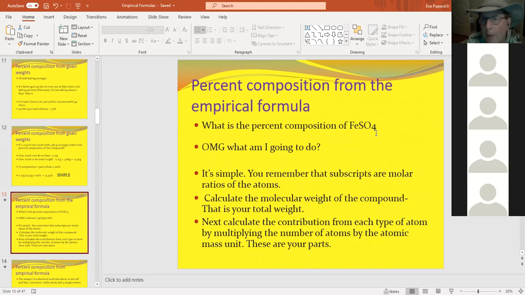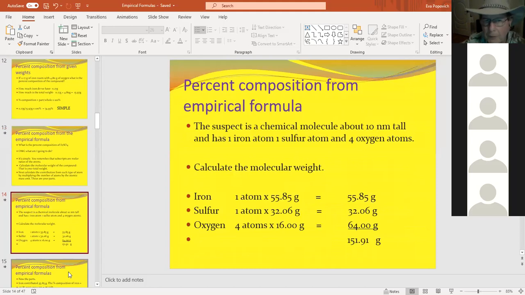So all I have to do is find the atomic weight of iron and divide it by the molecular weight, and that will give me the percent iron. Sulfur, same thing. Oxygen, I'm going to have to multiply by 4 because I've got 4 atoms in the molecule. But I take that part and divide it by the whole molecule, and I'm going to be able to get the weights.